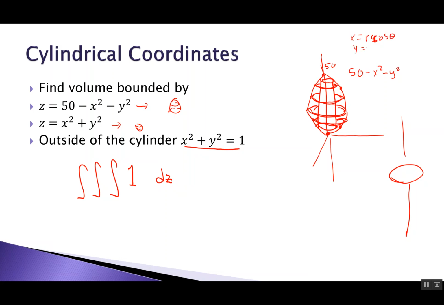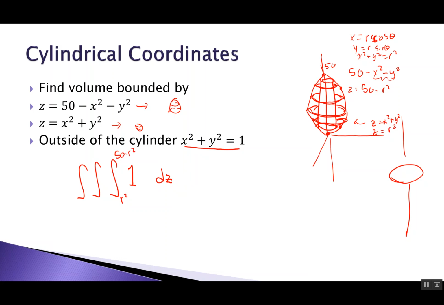We know that y is r sine theta. We know that x squared plus y squared equals r squared. So it looks like I've got a little r squared subtracted here, so this is 50 minus r squared. There's my z. Down here, I've got z equals x squared plus y squared. And so that's just simply going to be z equals r squared. So I'm going to integrate from r squared up to 50 minus r squared.